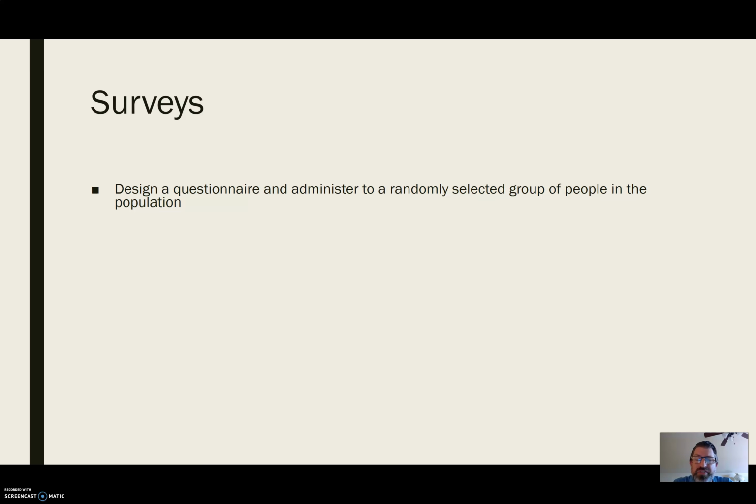So this has the effect of being able to just randomly pull out maybe 1,500 people from the U.S. population. And as long as we've randomly selected those people, we can administer the survey and we can make conclusions actually about the entire population of the U.S. based on this. So what might we be able to do here? Well, we could ask families at some point in time what their income level is, right?